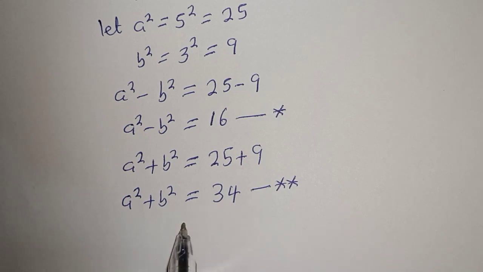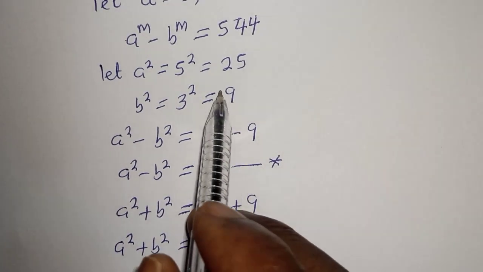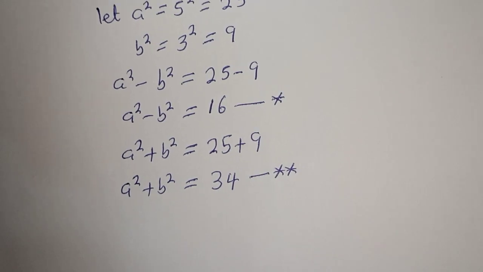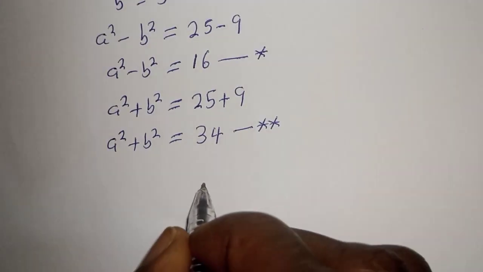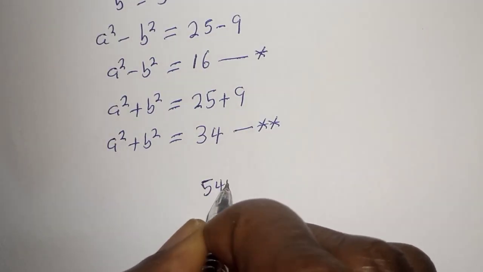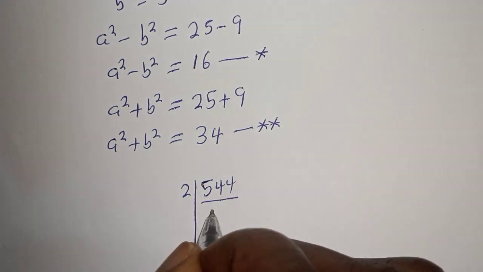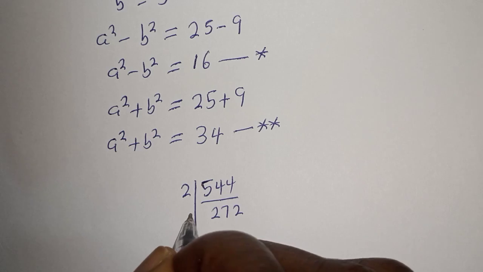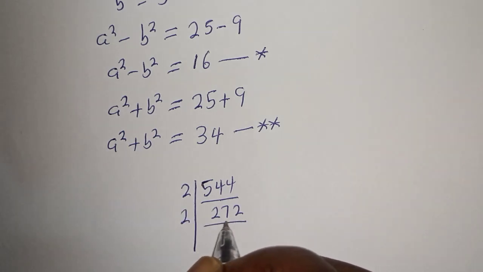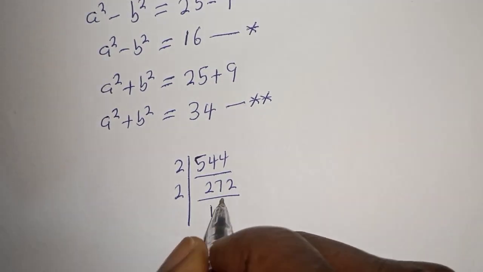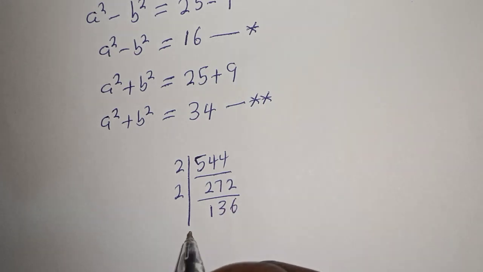Now let's find the prime factor of 544. That is 544. If you divide by 2, we have 272. If you divide by 2, we have 136.